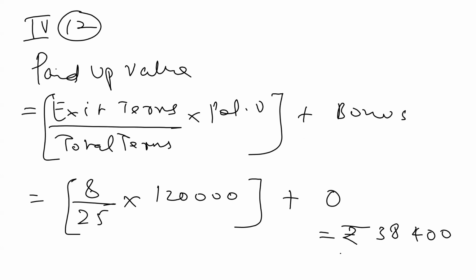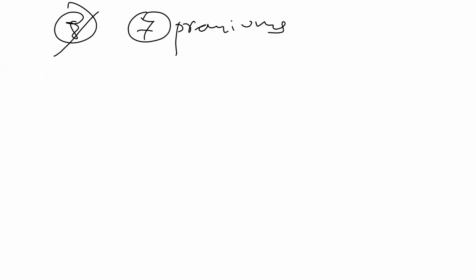Now, if you read the next part of the problem, they are asking what amount will he receive if the surrender value is granted at 35% of the premiums paid, excluding the first year's premium. So he has paid a total of 8 premiums. One premium we have to exclude, so we have to consider only 7 premiums.